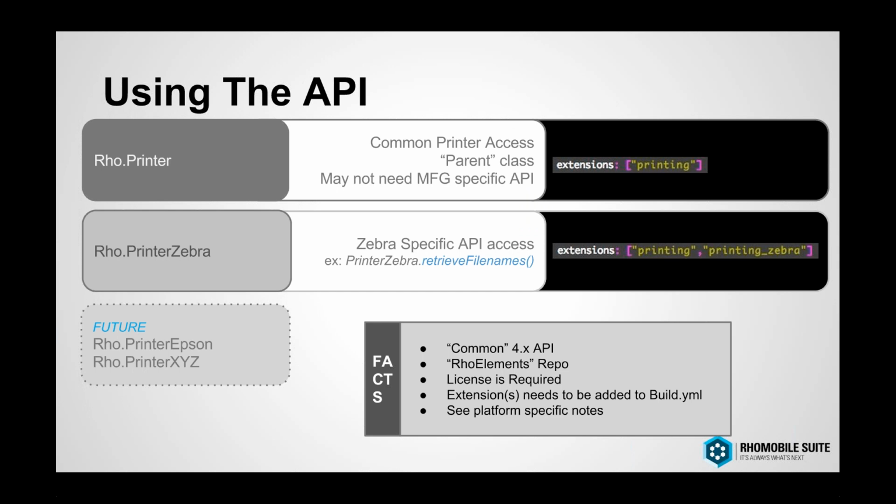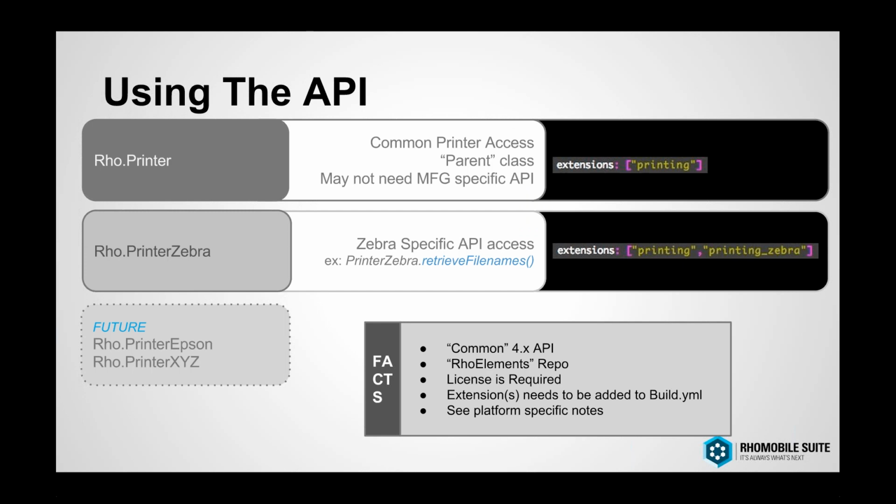And then for manufacturer specific properties or methods, we would have a subclass for that manufacturer. In this case, we came out with Rho.printer Zebra, which would have Zebra specific APIs that are not available to the other types of printers that may be supported. So in that case, you would use printer Zebra.